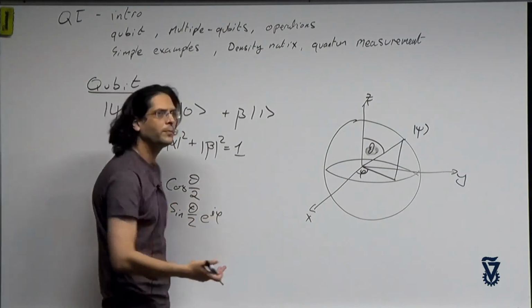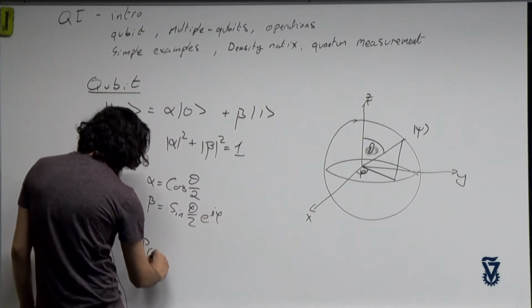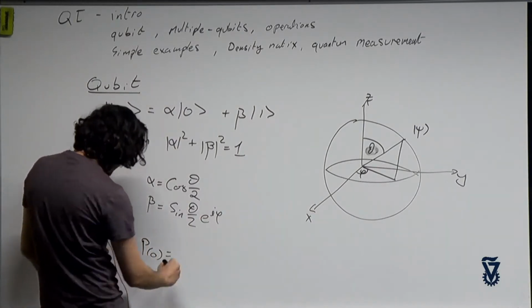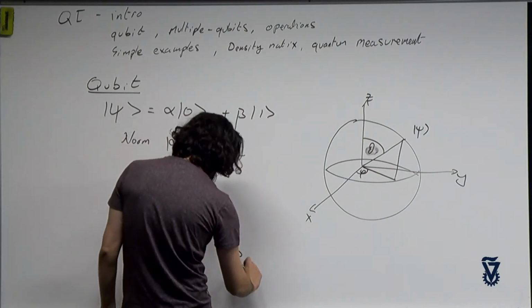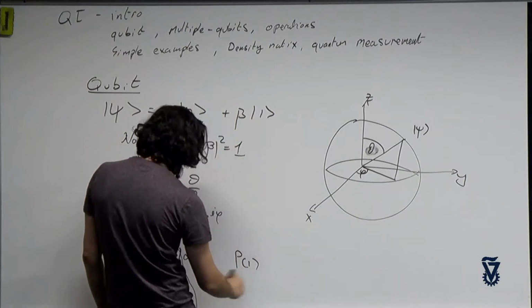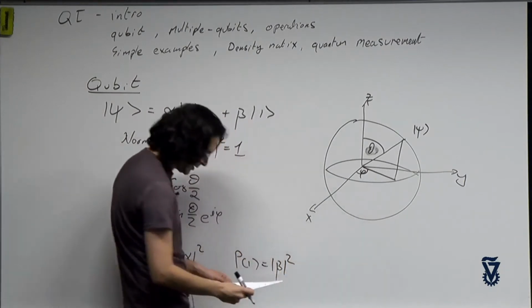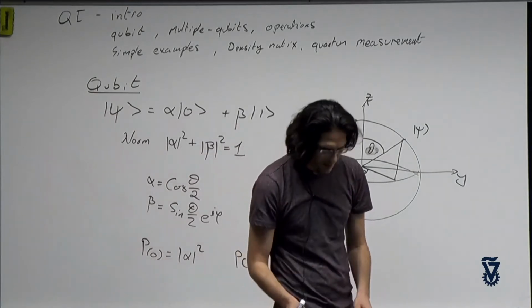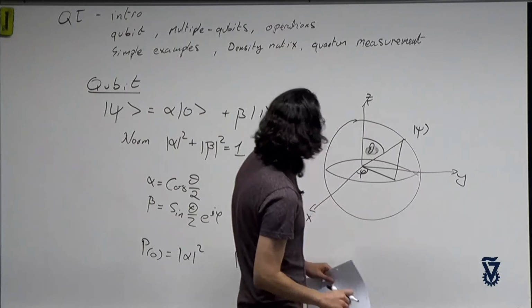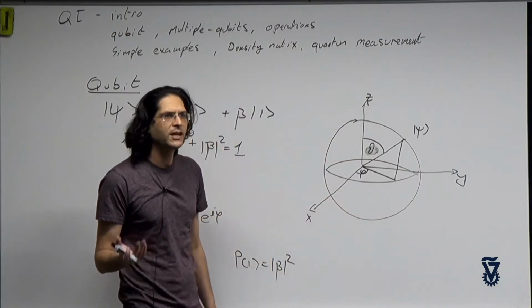Okay. And so this is our qubit, and we know that if we measure this qubit, then the probability for 0 is just alpha squared, and the probability to get the result 1 is just beta squared. Okay, so this was our qubit. We also know that a measurement can be done in any basis.